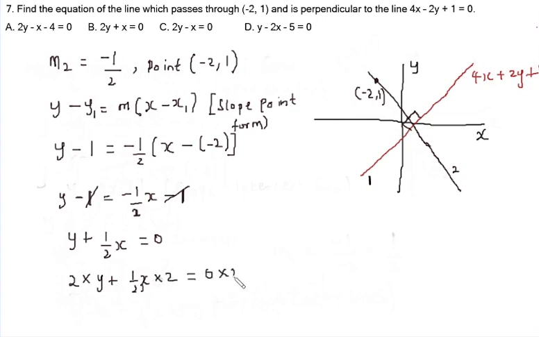So 2 cancels out 2. 2 times y is 2y plus x, and then this is equal to 0 times 2, which is 0. So the answer is 2y plus x is equal to 0. So B is our answer. Let's go to the next question.